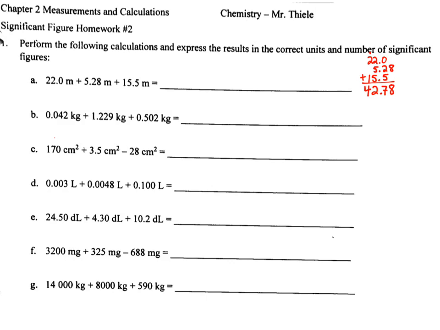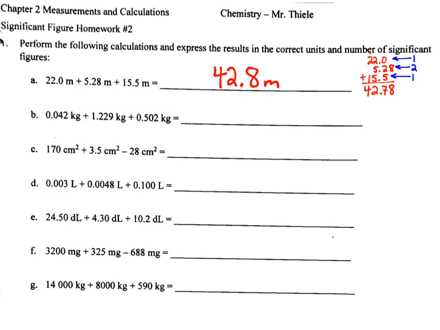And now we have all decimal numbers here, so we can identify the number of digits to the right of the decimal point in each of these. We have 1, 2, and 1. So the fewest number is 1. So our number is going to round to 1 decimal point, and for 42.78 that rounds to 42.8. And make sure we put in the meters.